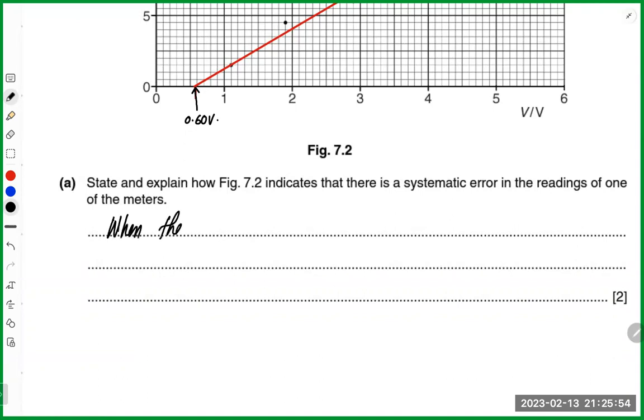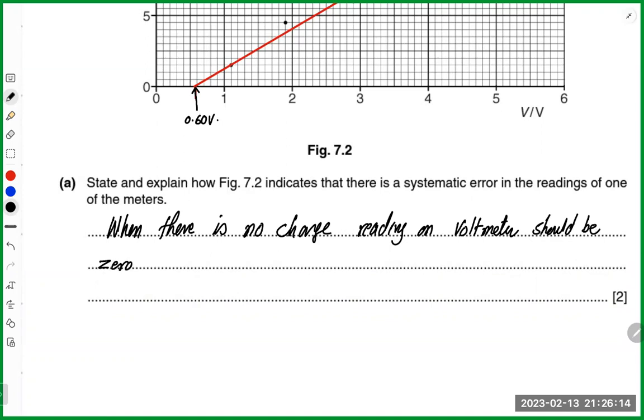When there is no charge, the reading on the voltmeter should be zero, but it is instead 0.60 volt.